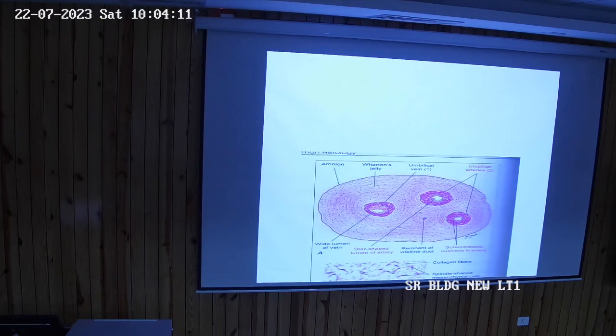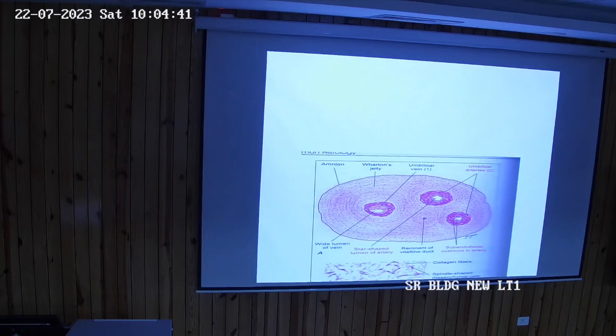Because in the last histology class yesterday, when I focused the slide on the screen, the students said everything from hyaline cartilage to different types of male reproductive cells. Don't worry, everyone can make a mistake, but keep one thing in mind: if you find such a picture, two umbilical arteries and one umbilical vein, that is the umbilical cord.